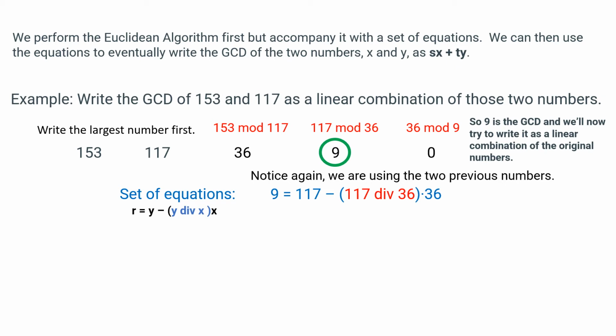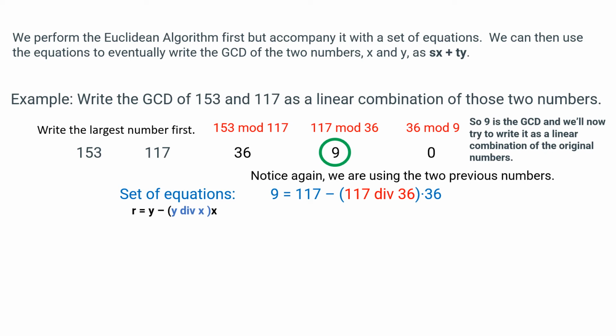Putting in the y, the x and the r for that step, we get 9 equals 117 minus 117 div 36 times 36. I just used the pattern r equals y minus y div x times x for the 9, using the two previous numbers.